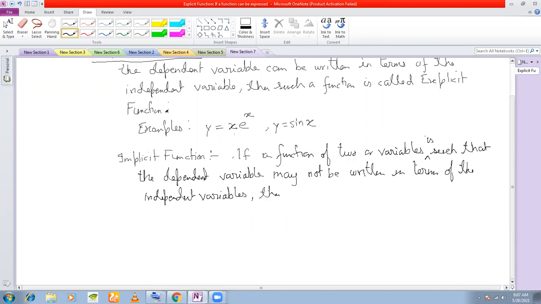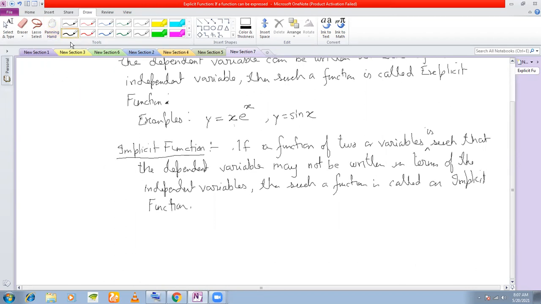Then such a function is called an implicit function. So you have two kinds of functions, explicit functions and implicit functions.